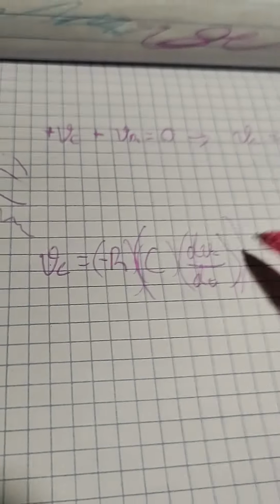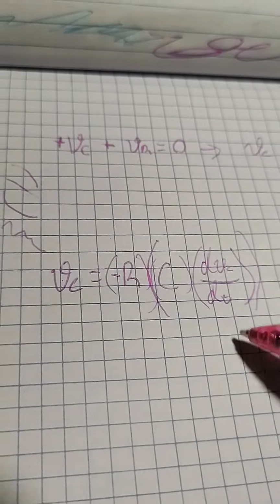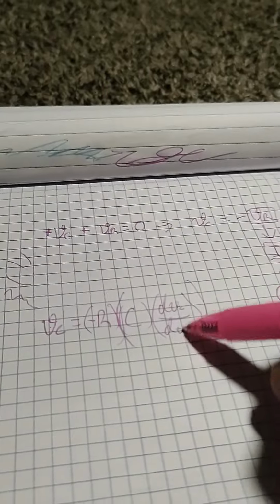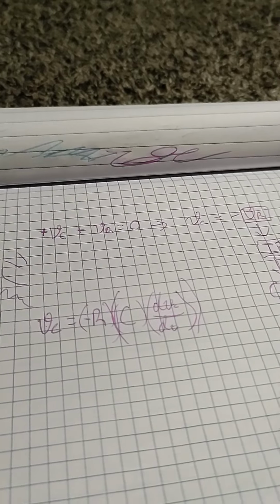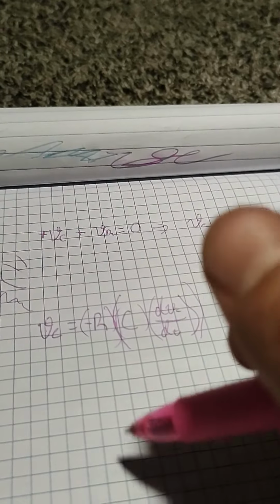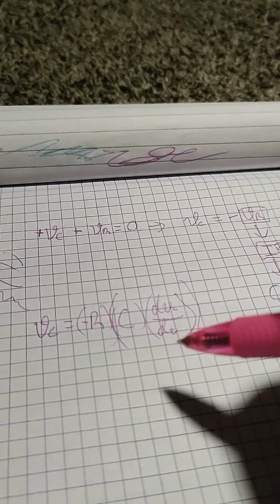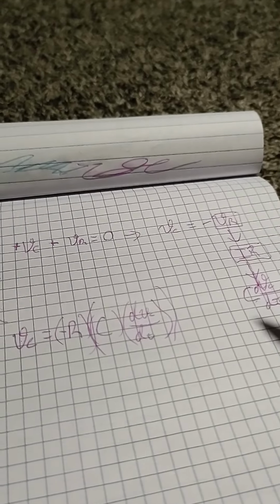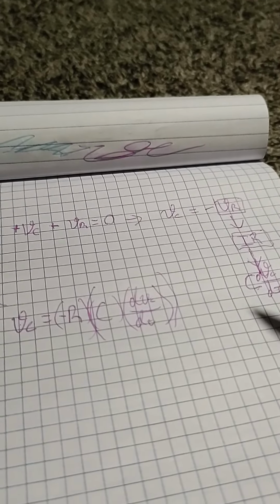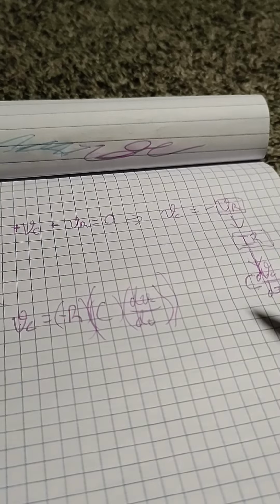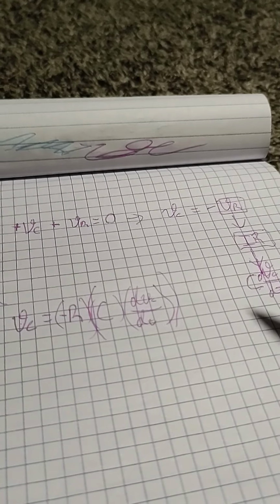So now we got to kind of separate these two so we can get rid of them. So the first thing that we have to do is we'll bring the VC over.